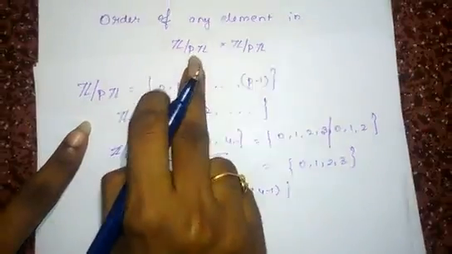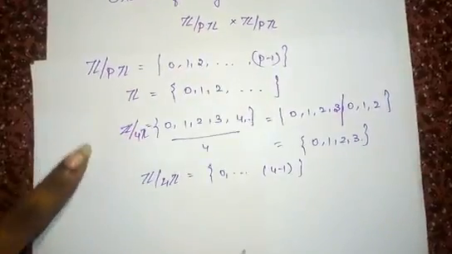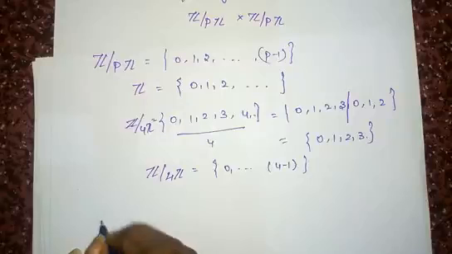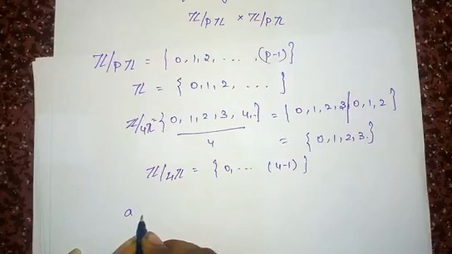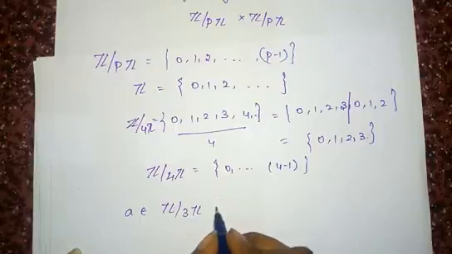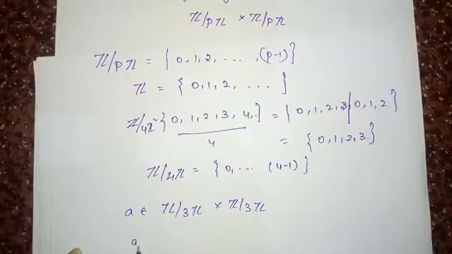Now let me take an element from this. I'll take the element 0 comma 0, with A in Z modulo 3Z cross Z modulo 3Z, and A to be 0 comma 0.